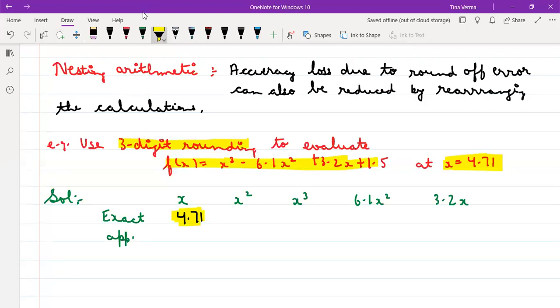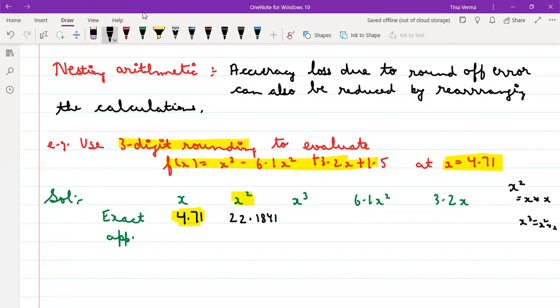Now your next step is to evaluate x square. How do you calculate your x square? That is the multiplication of x into x. So that is coming out to be your 22.1841, and x cube is your x square into x.